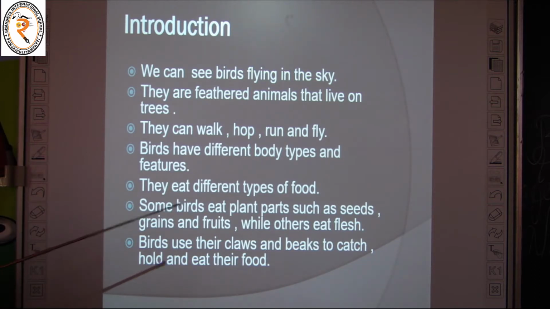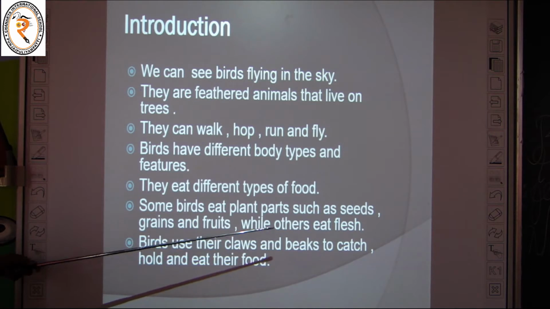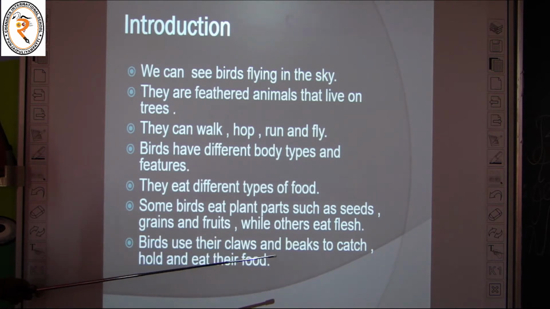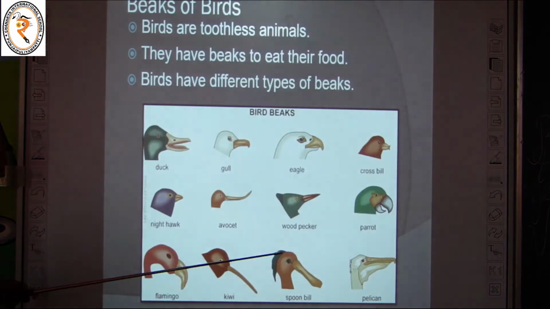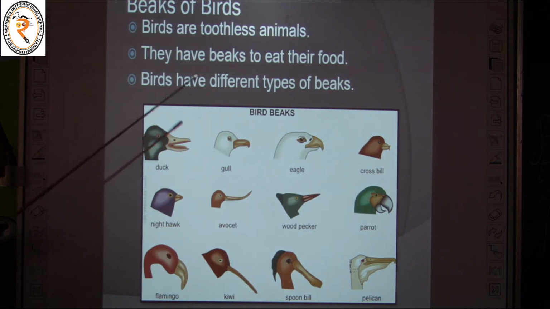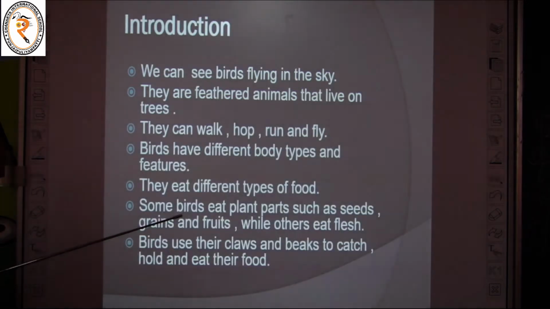Birds use their claws. What do we mean by claws? Their toes. We have toes on our feet, yes or no, Kanna? So birds also have claws and beaks. What is a beak? See? Birds have different types of beaks.